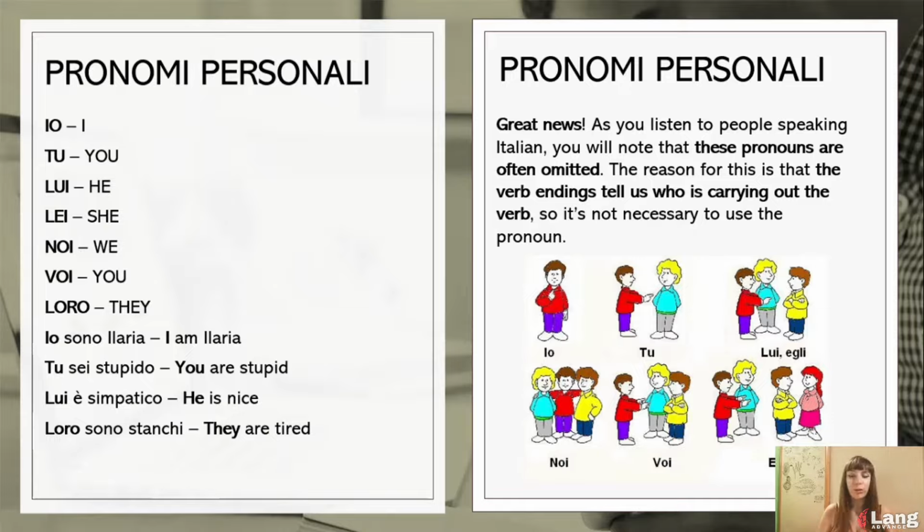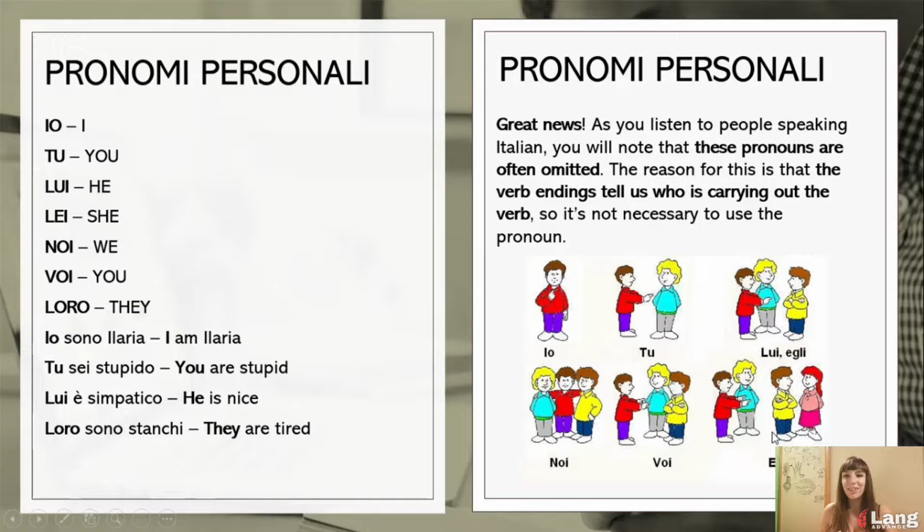Something very important. If you have a book of Italian grammar, you will notice that two pronouns are missing, egli and essi. Why are they missing in my course? Because you don't need to know them. You can see them here, egli and essi.